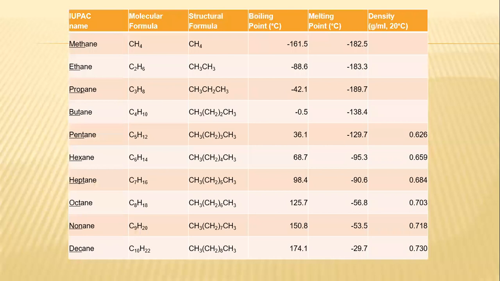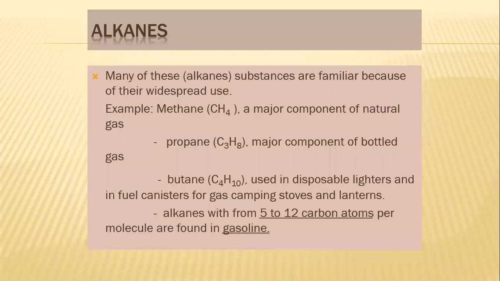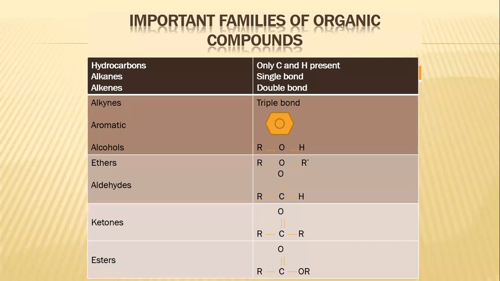What are the alkanes and the different types of alkanes we have seen? Similarly, the different functional groups. The double bonded compounds are the alkenes, and the triple bonded compounds are the alkynes.